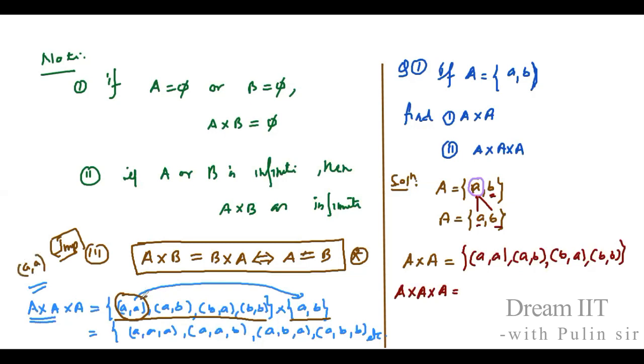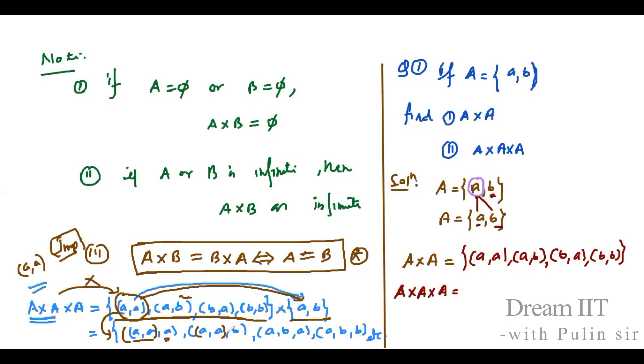So once I make an ordered pair of this set with A, my ordered pairs ultimately coming out should be looking like this: bracket, in bracket A comma A, then comma A. It would have been correct if I followed this procedure. But first of all, this cannot be written in this way. That is the first mistake. Second mistake, once you write like this, then you cannot write it.